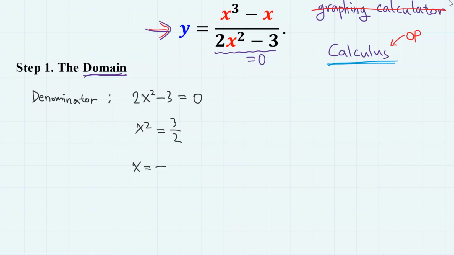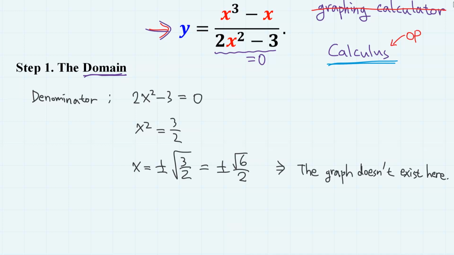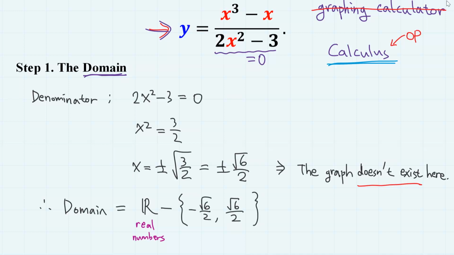So x equals plus minus square root of 3 over 2, which can be written as plus minus square root of 6 divided by 2. So the graph doesn't exist at x equals plus minus square root of 6 over 2. Or you can say that the domain is the set of real numbers minus these two values.